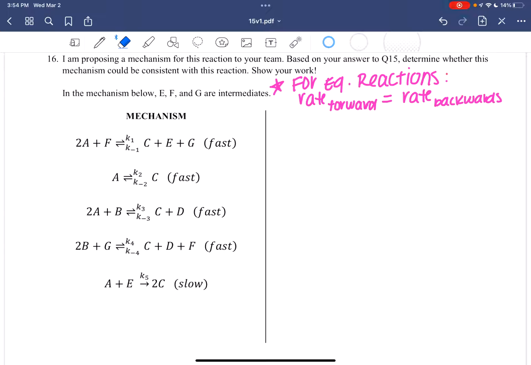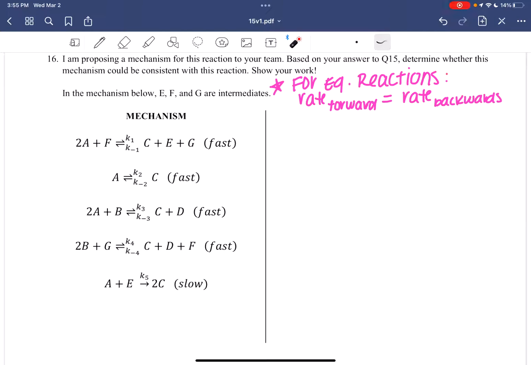When we're dealing with these types of mechanism problems with rate laws and the fast and slow steps, we want to notice a couple things. Probably the most important one is that each of the individual mechanism steps has a description of whether or not it's fast or slow.